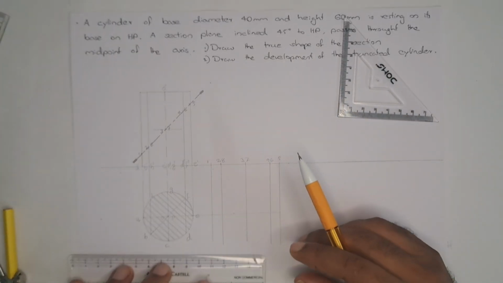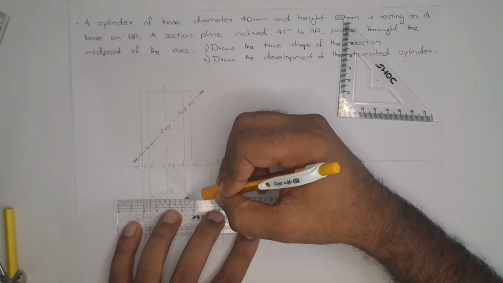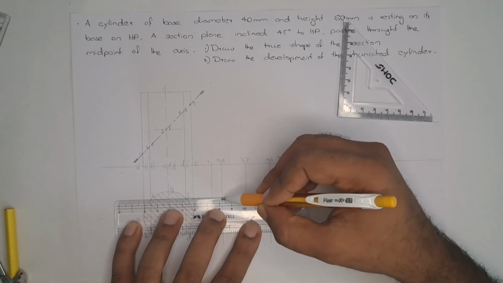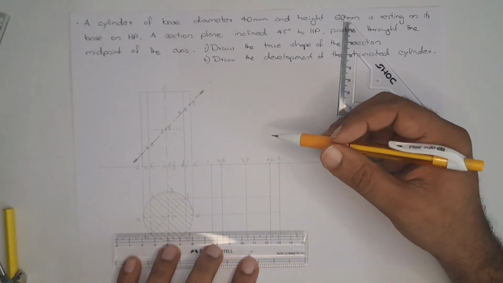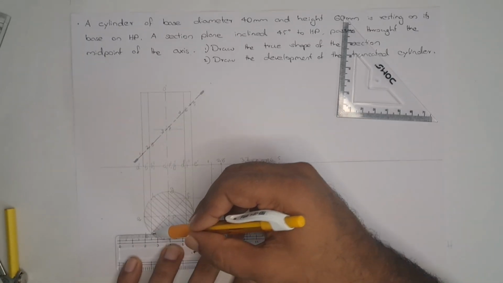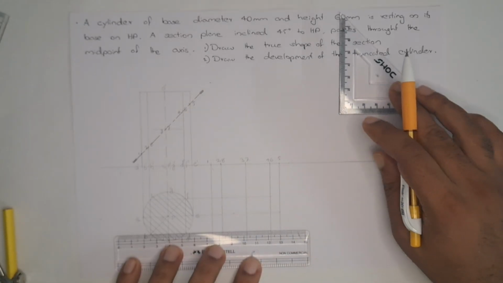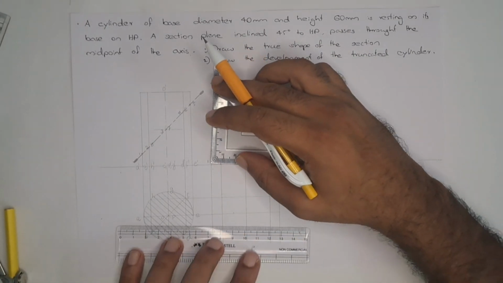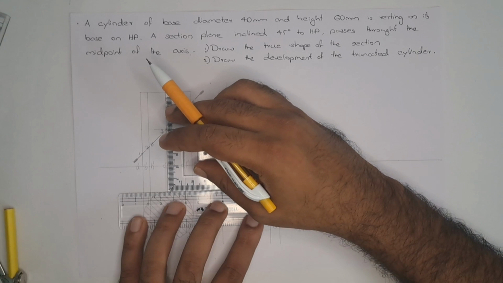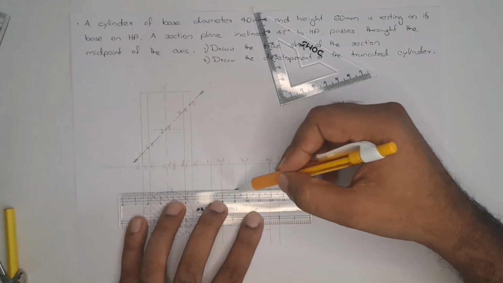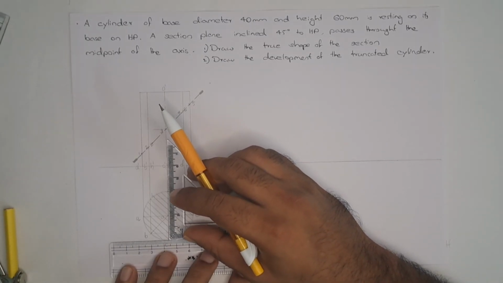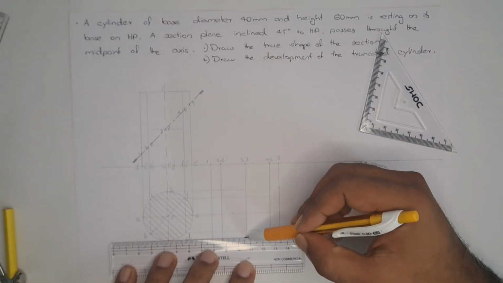So 1, 5 is marked. Similarly, with the help of these 2 points, we can mark the 6 and 8, and with the help of these 2 points, we can mark the 2 and 4, and lastly, the 7, the 3.